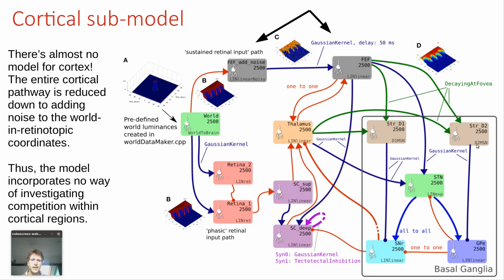In the overall model, there's almost no model for cortex. Again, I said this wasn't a very corticocentric course, and that's really because the work that I've been involved in hasn't been very corticocentric. We reduced the whole of the cortex down to two boxes, one which adds a bit of noise to the world representation, and one which then projects and participates in the loops.